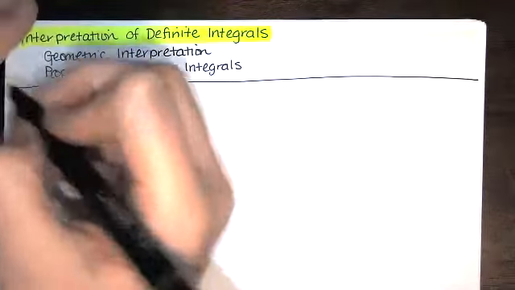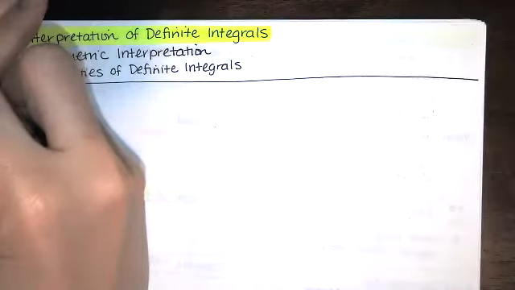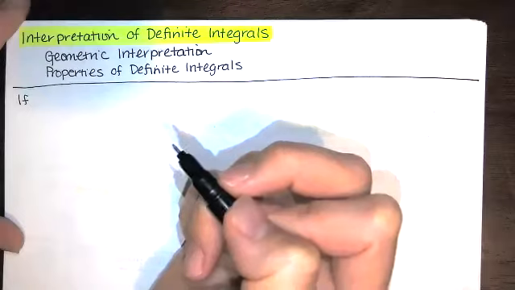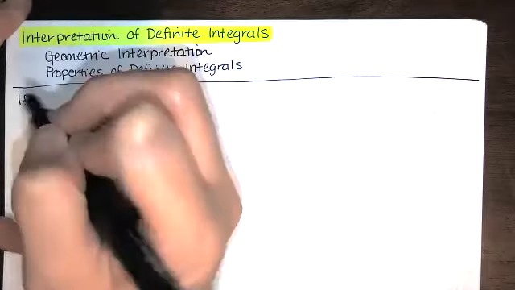As you can imagine, this definite integral, which is represented by the limit of a Riemann sum, is closely related to area.